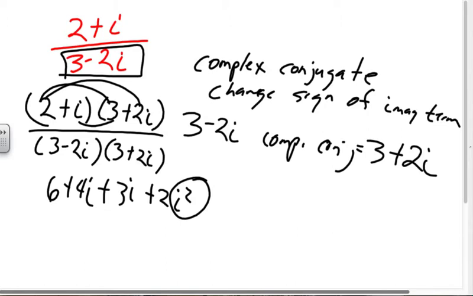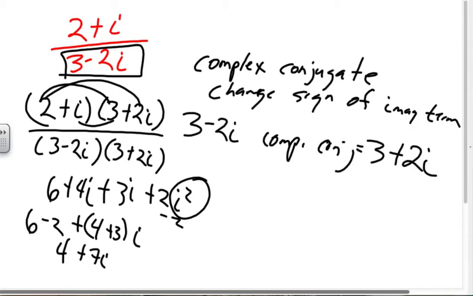That's a negative, so this term becomes a negative 2. So I'm going to have 6 minus 2 plus 4 plus 3 times i. 6 minus 2 is 4, plus 7i. And that's my numerator. Okay? That's only my numerator.